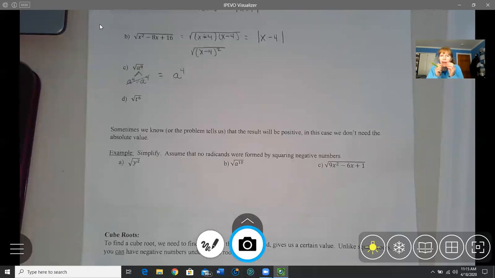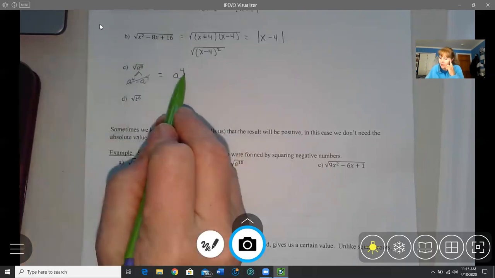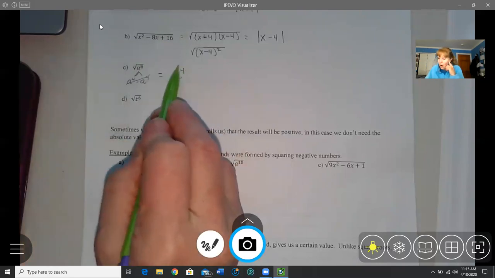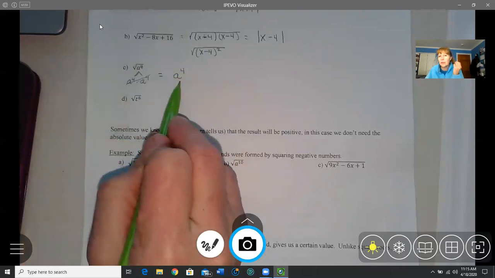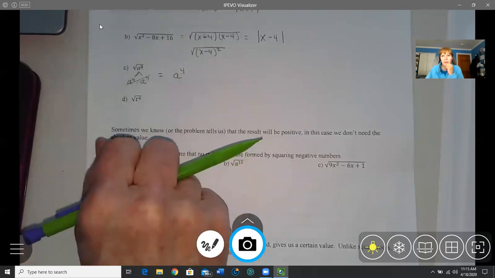Well, a to the 4th has an even power, so it will always be positive. We don't need absolute values around it. It's not necessary, it would be redundant. Since this is even, this will always be positive. So we don't need the absolute values.